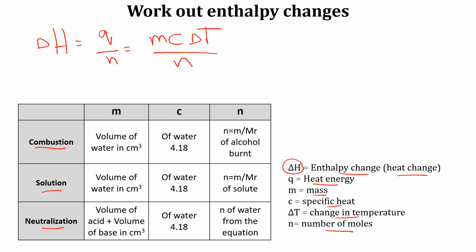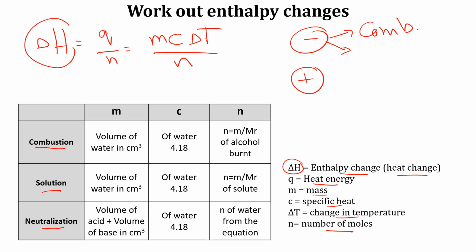This formula could be negative or positive based on the type of reaction. If we have a combustion reaction, delta H has to be negative, and a neutralization reaction is always negative. It could be negative or positive when it is a solution reaction.